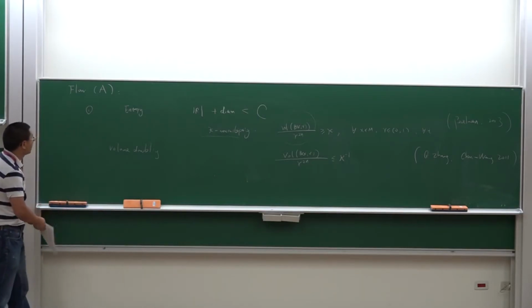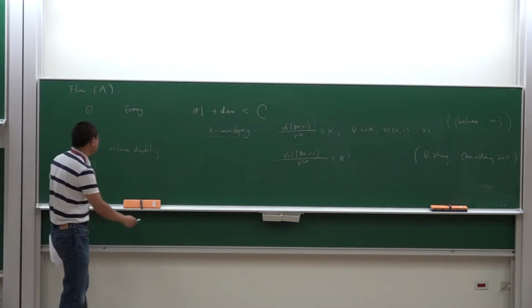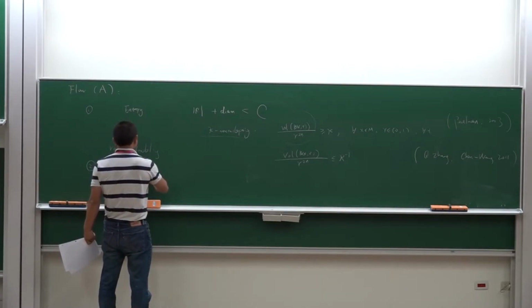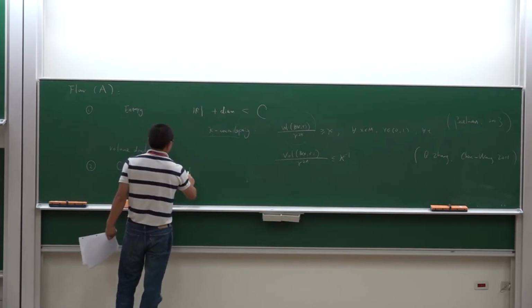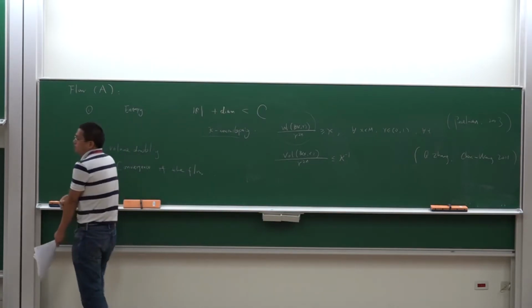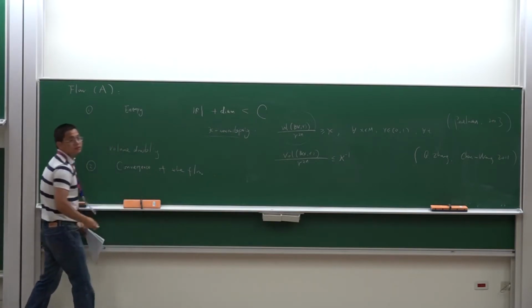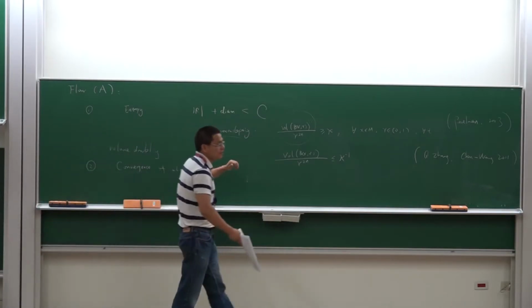Okay, so then one wants to study the convergence. But here it's a little bit tricky. What does the convergence mean? You have to delicately choose the convergence topology. If you choose a very weak topology, you already obtain the convergence.